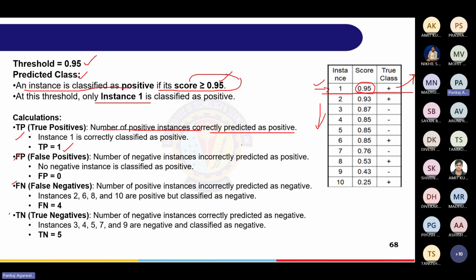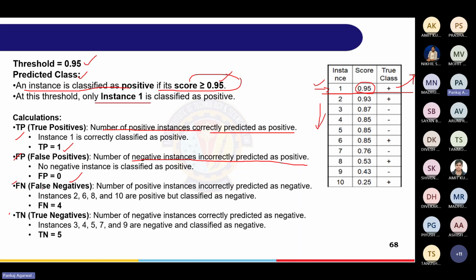So TP would be 1. What is false positive? The number of negative instances incorrectly predicted as positive. Obviously, no negative instance is classified as positive here. You get me? Because my threshold right now is 0.95, so do not get confused. In this case, FP is 0.